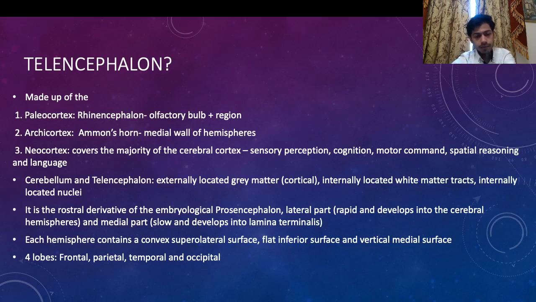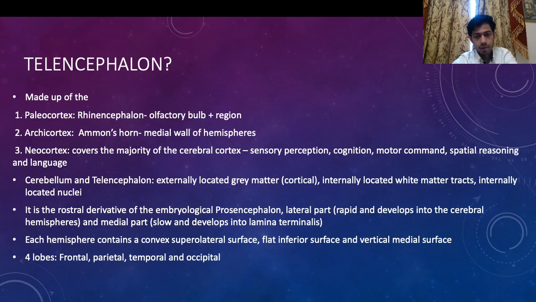Like I've said, it's an embryological derivative of the prosencephalon. But just before that, how is it different to, let's say, the diencephalon or the mesencephalon?